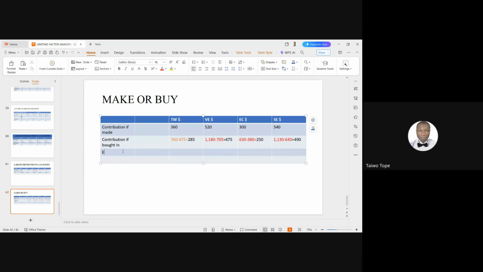If the contribution being made is greater than the contribution if bought in, you know you have extra contribution. So what is the difference between contribution if made and contribution if bought in for TW?